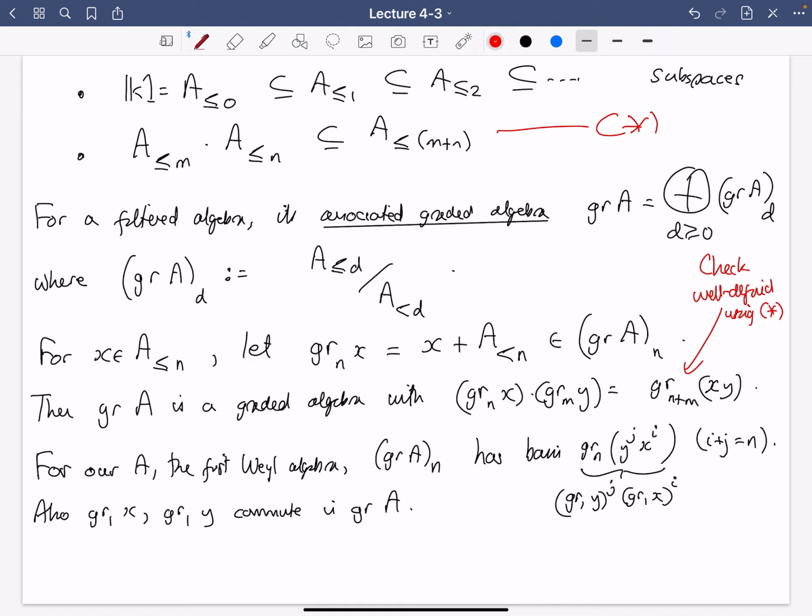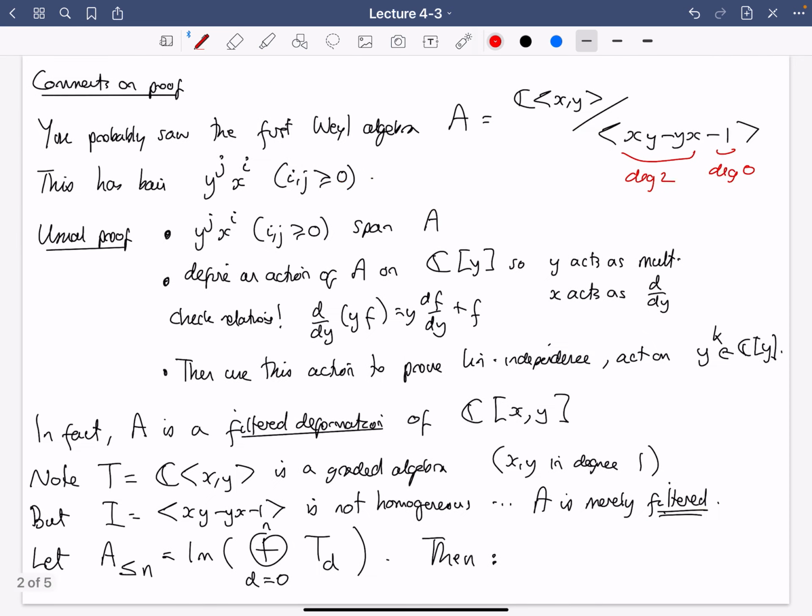You've just got to check that gr 2 of xy equals gr 2 of yx. That's that statement right there. And you see the relations that we've got mean that xy minus yx is actually in degree 0. So when you apply the linear map gr 2 to it, you just get 0, because gr 2 kills everything in degree 1 or less.